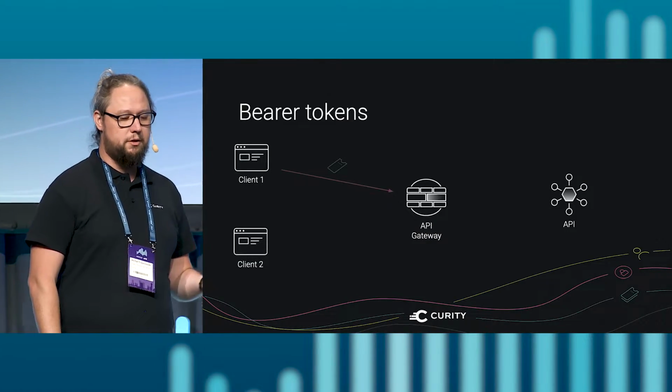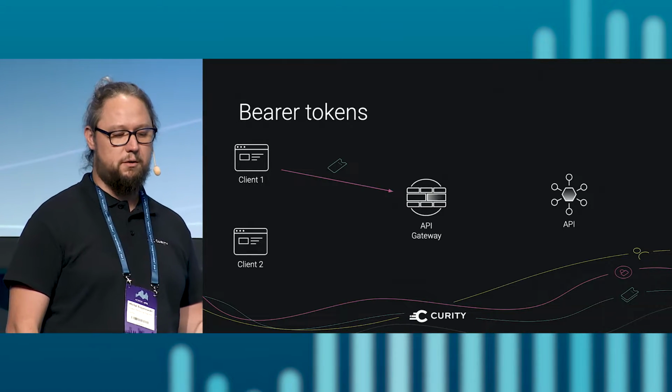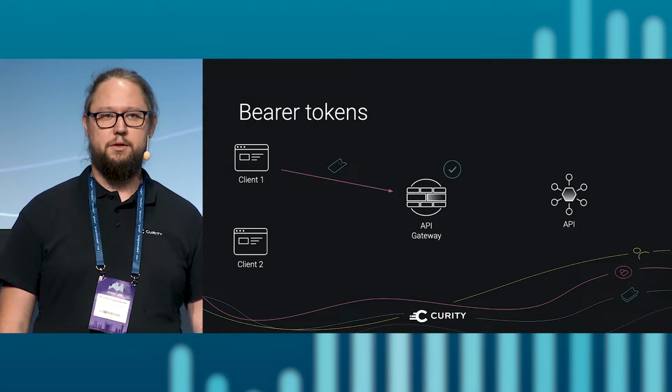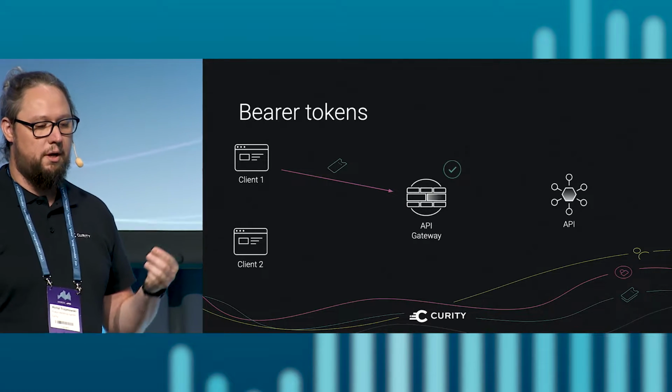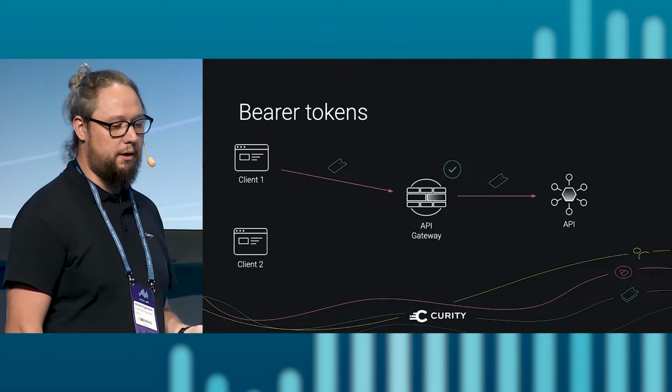So in case of bearer tokens, let's say one client gets an access token, it sends it to the API. The API only verifies the signature, the expiration date, maybe the scopes. And if that's all OK, it will send the request down to the API.